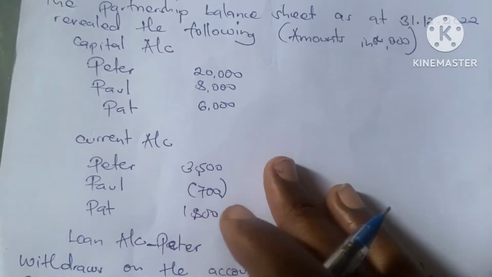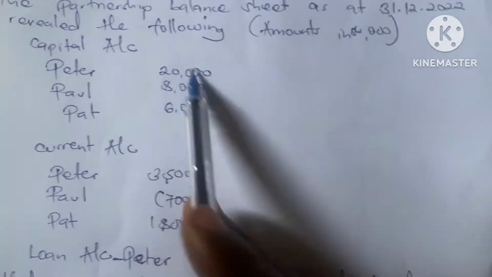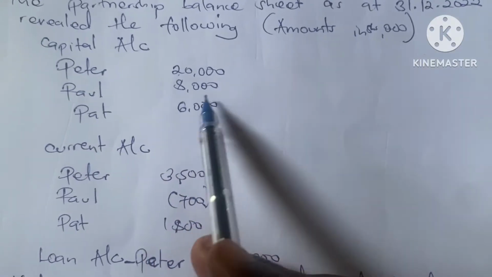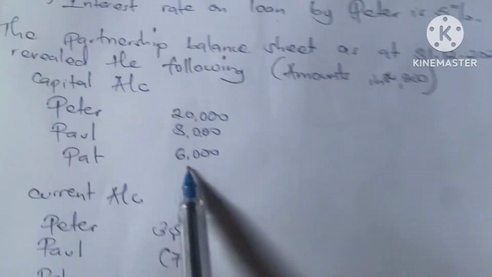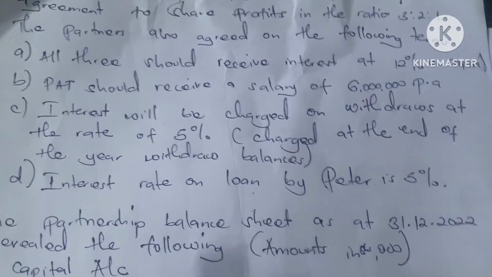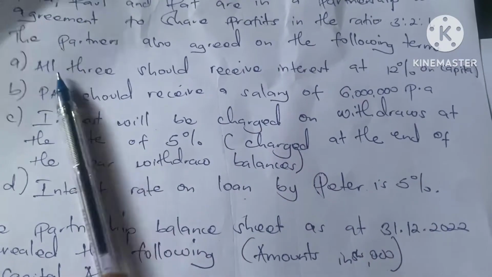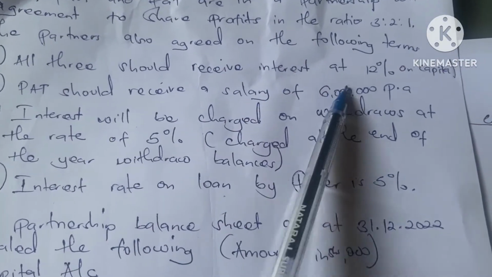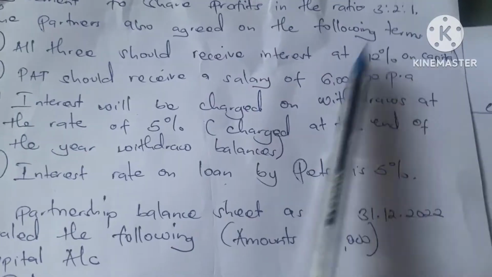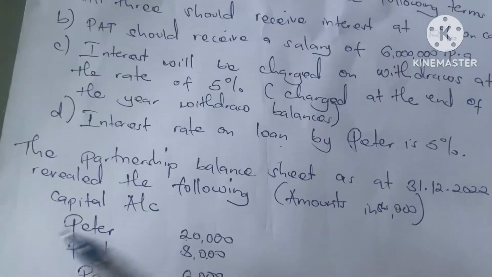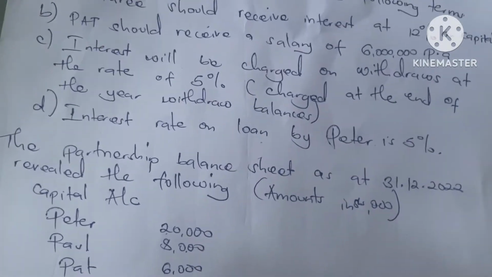According to the question, this was the capital account: 20,000, 8,000, then 6,000, and they've told us all 3 should receive interest at 12% on capital. So 12% of this for all the partners.